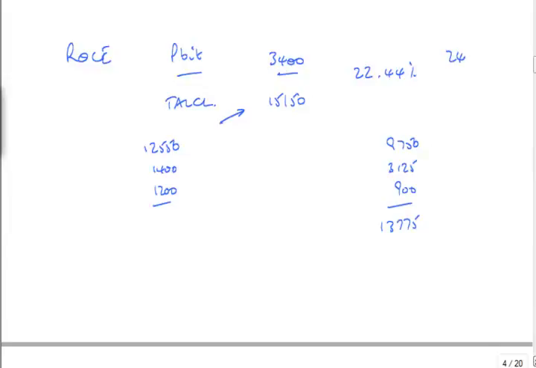So that's 2,400 divided by 13,775 is 17.4%. Okay.